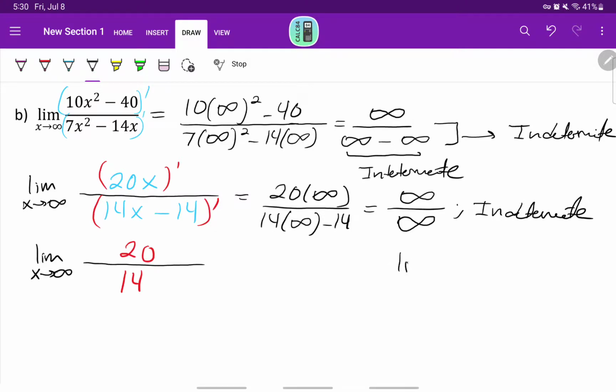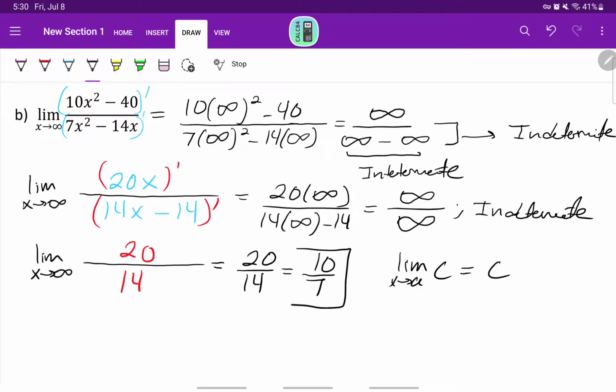Remember, the limit of a constant is just the constant. So this is going to be equal to 20 over 14, which can be reduced to 10 over 7. And that is our answer.